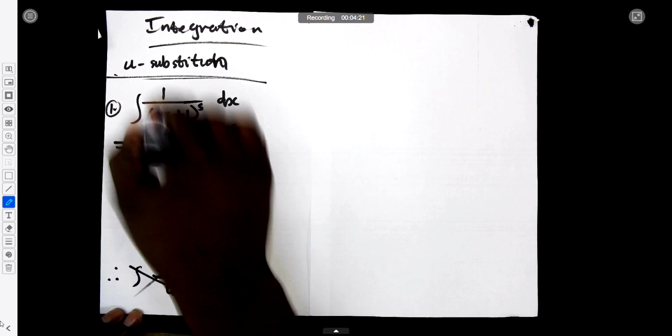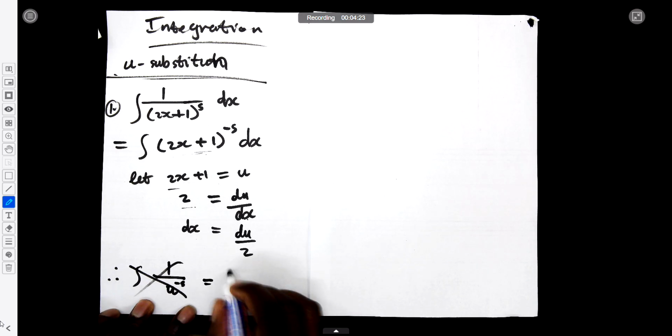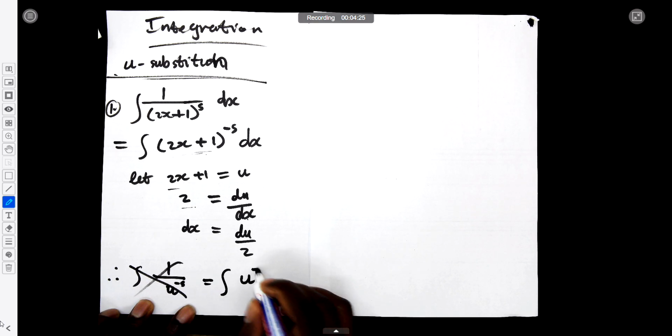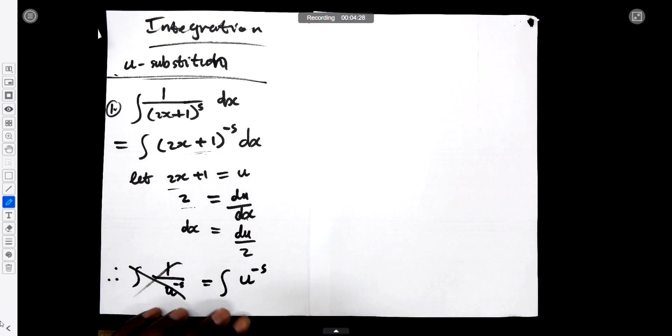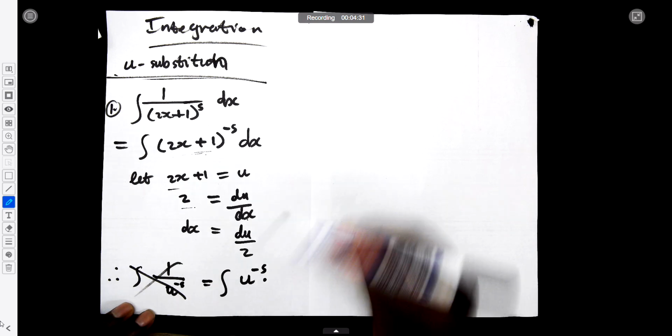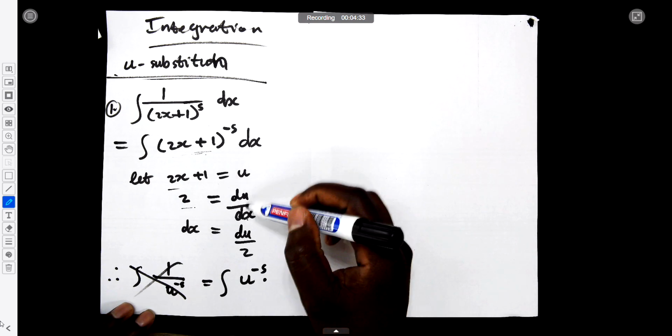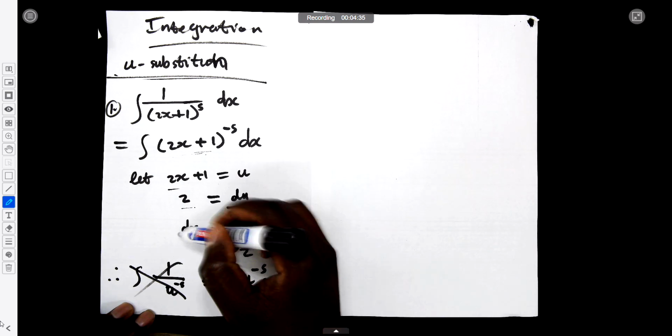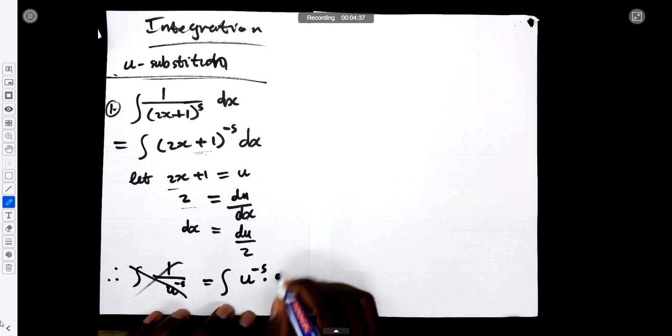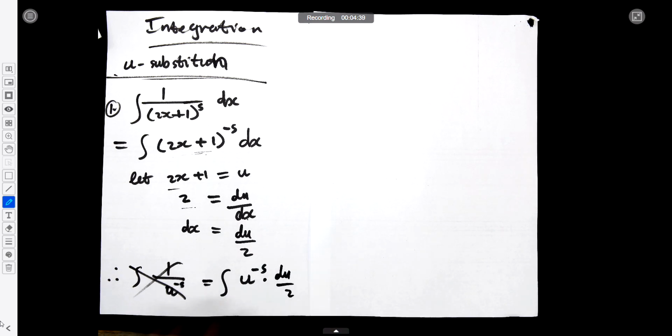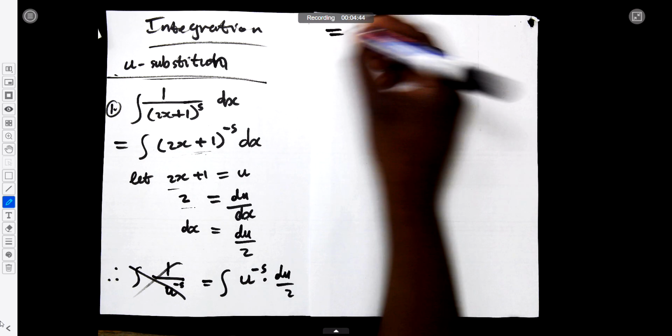I was copying from the top, I'm substituting. Now multiply by dx. So what is dx? It is du over 2, or half times du. From there we can integrate in terms of u.